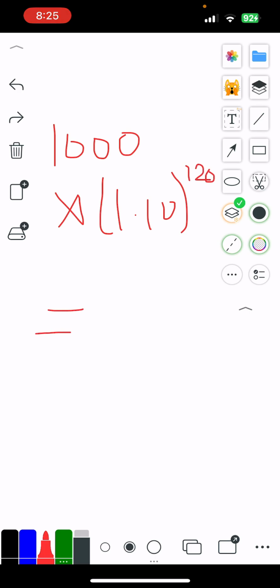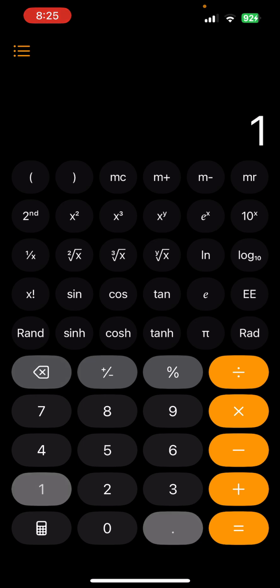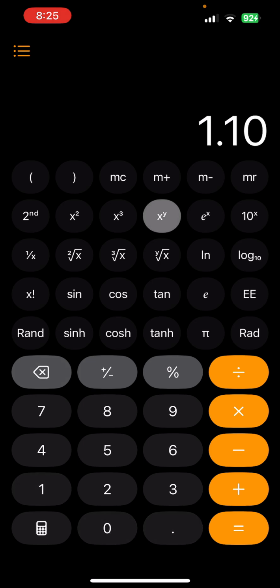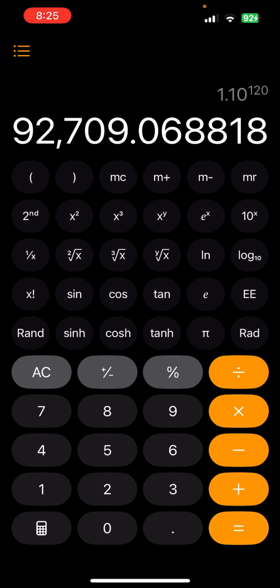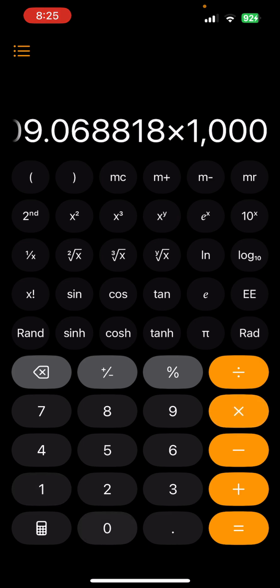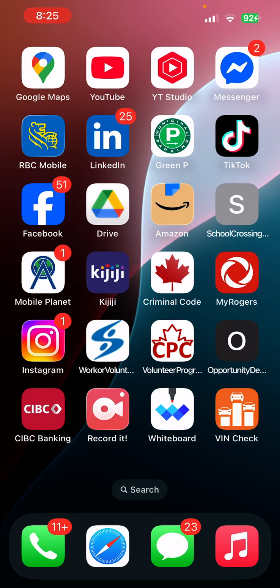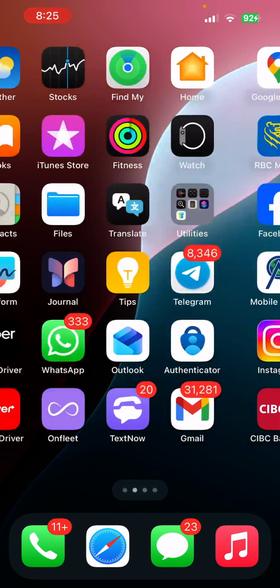Now you use the calculator to figure out the solution. 1.10 raised to 120 is roughly 92,709. Times the $1,000 you deposited, this comes to around $92,709,068.